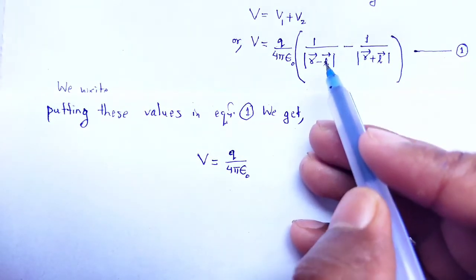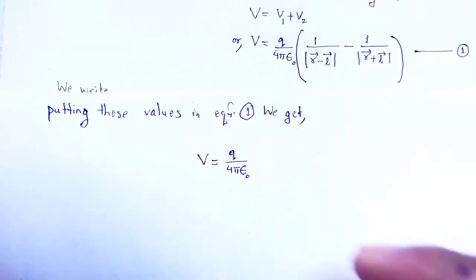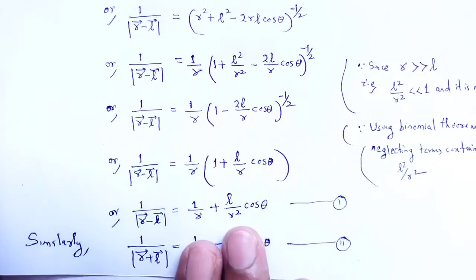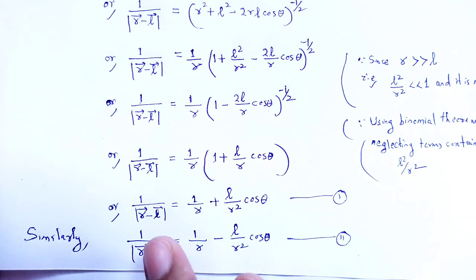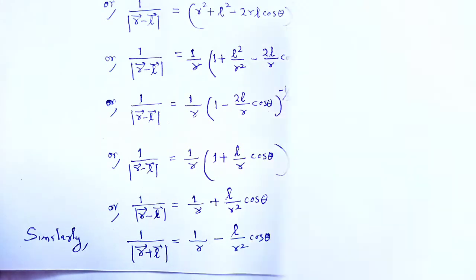In place of 1 divided by r minus L we put that value, and in place of 1 divided by r plus L we put that value.